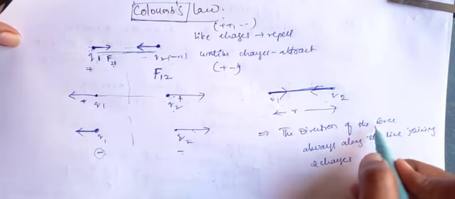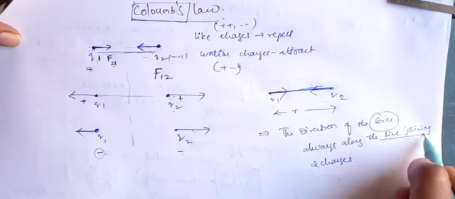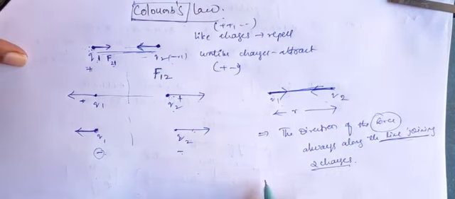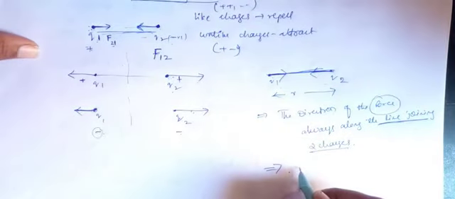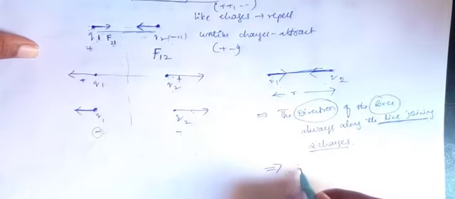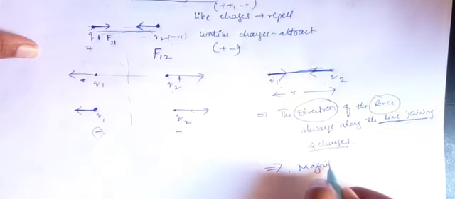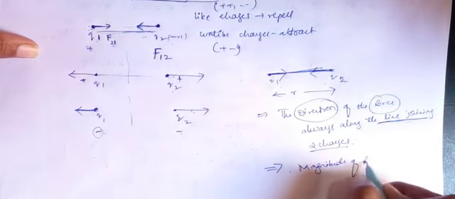So here the direction of the force is always along the line joining the two charges. And the next second point is the force magnitude. Okay, so here the direction is over, now we want the magnitude.